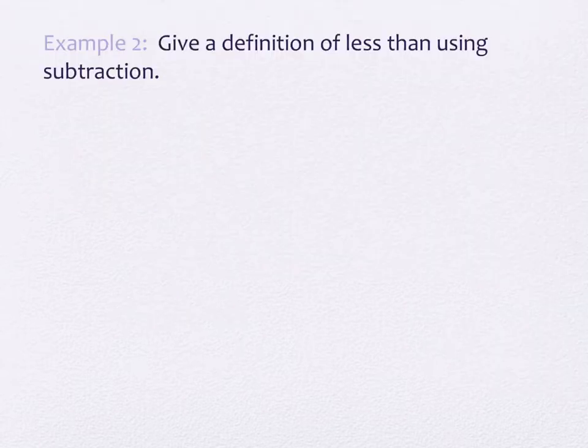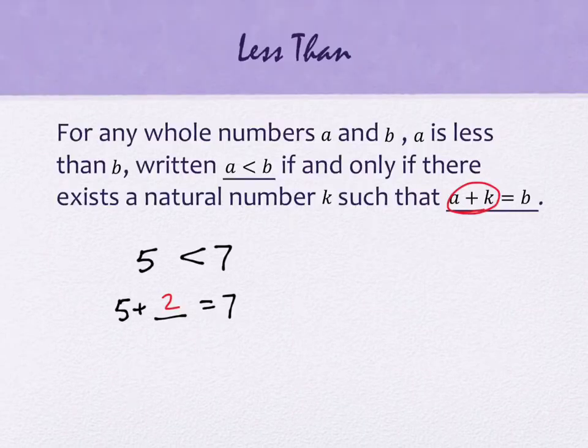We're going to write a very similar statement on example number 2, but instead of using addition to describe less than, we're going to use subtraction. So the only thing that's really going to change in this definition is what I circled in red, and in particular a little bit more broadly, this equation won't be the same. Everything else will be. So you get a lot of this for free, you just get to write it down.